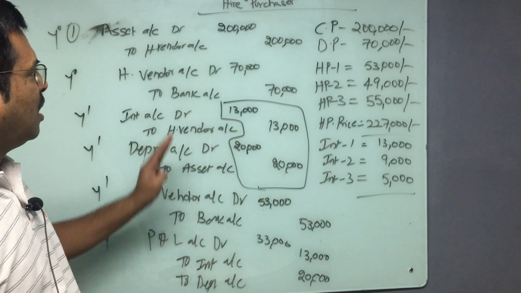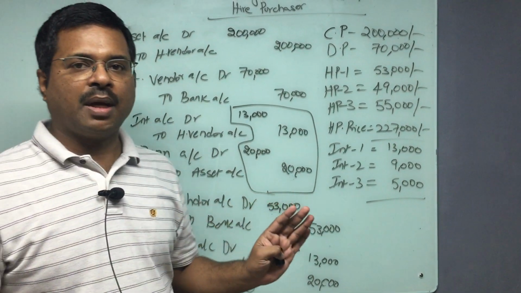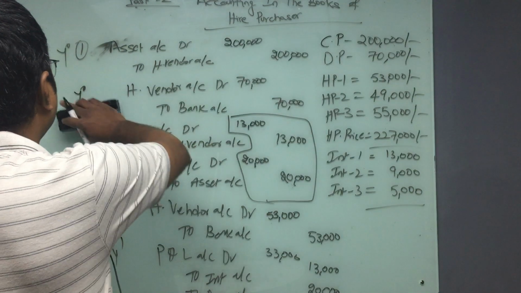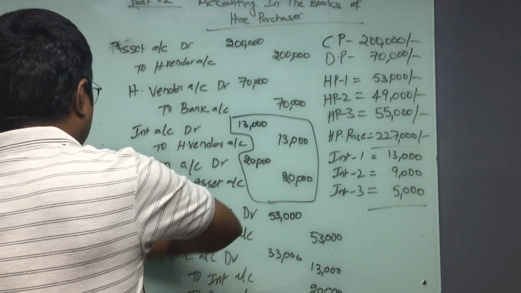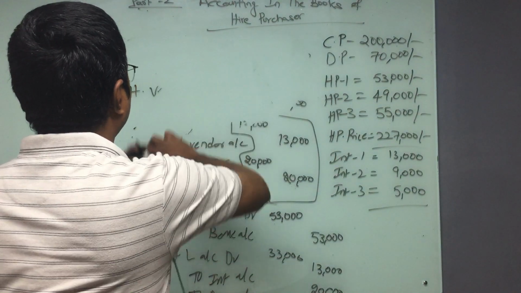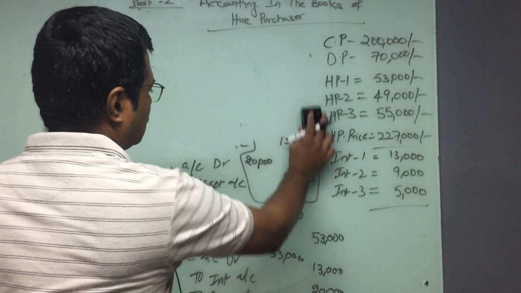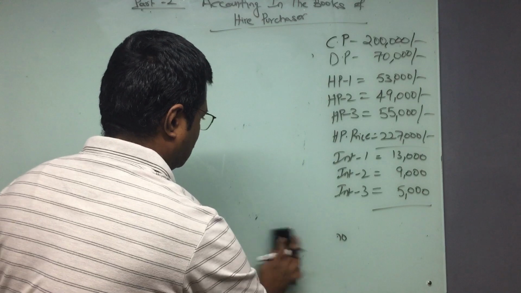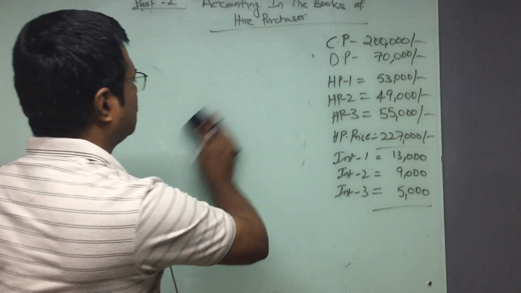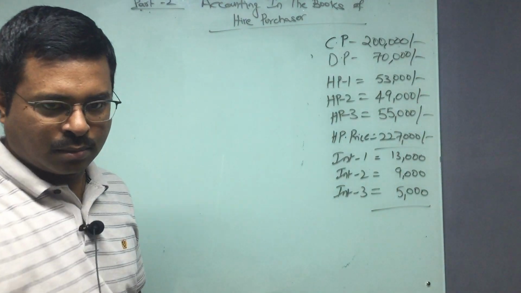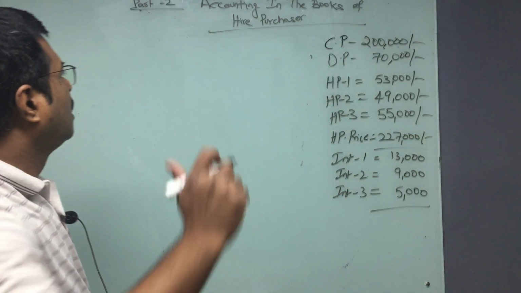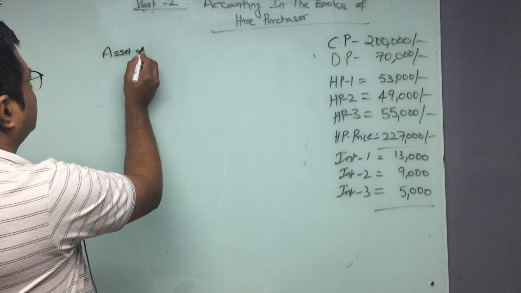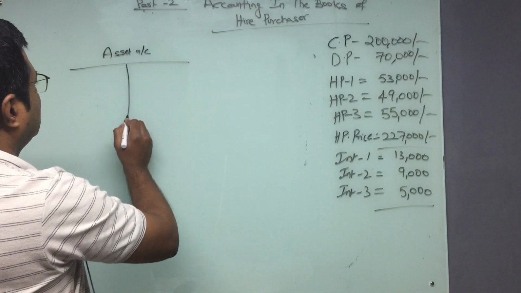Now let us see how these entries will reflect in my financials. Okay. Say asset account. This is my asset account.